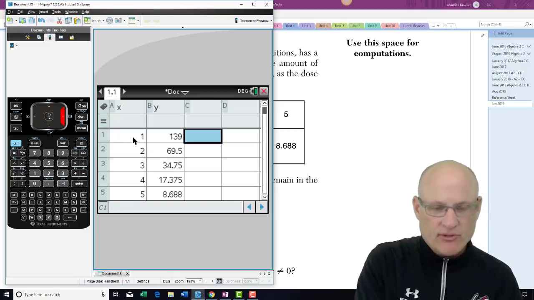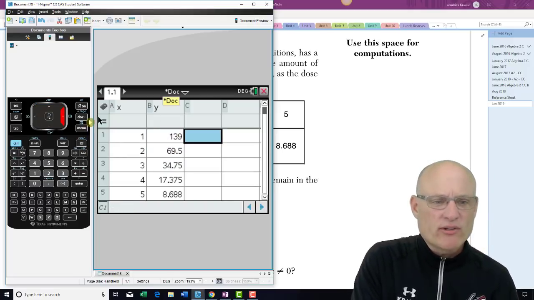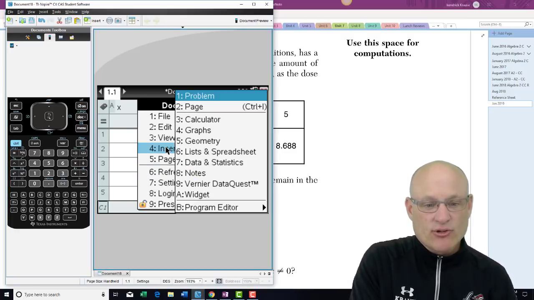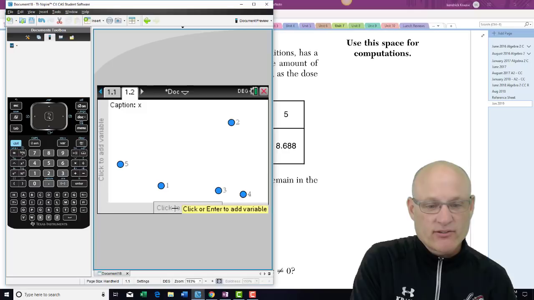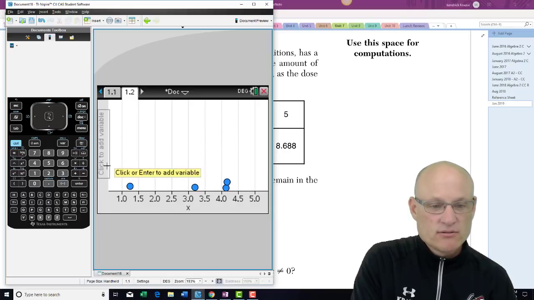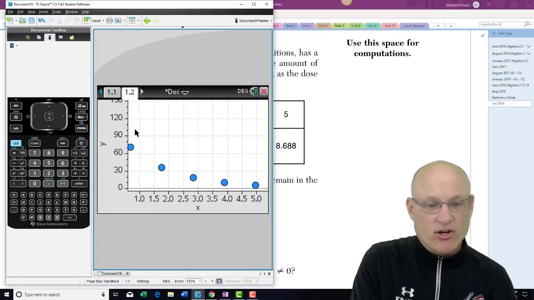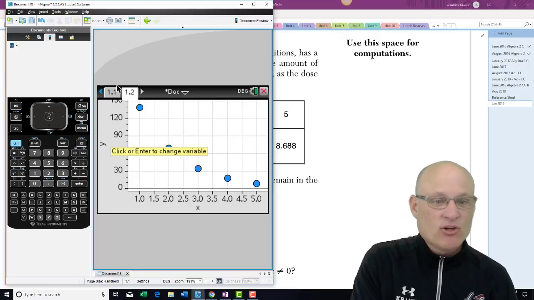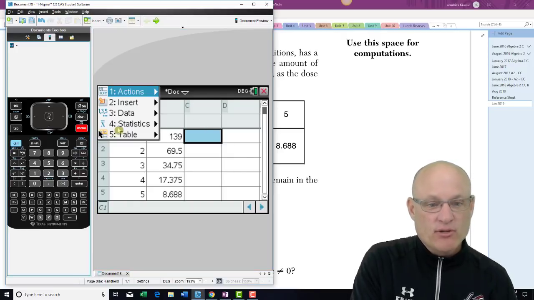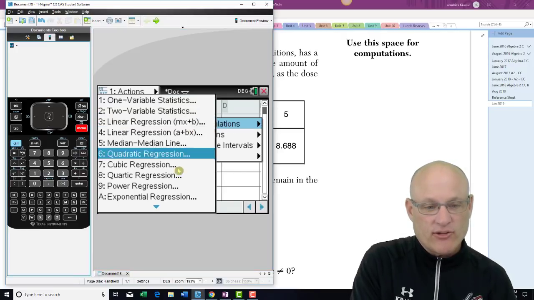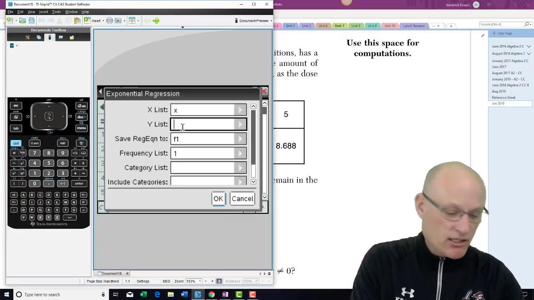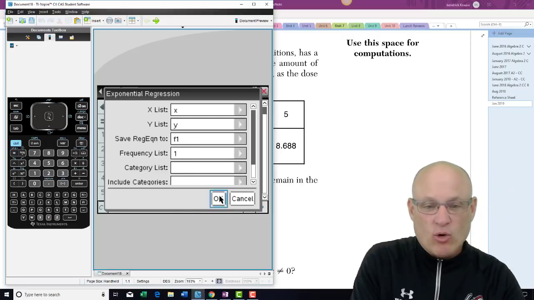I'm going to say, okay, menu. Well, maybe you don't know it's exponential growth, and maybe what you need to do is go into Doc, Insert, Data and Statistics, click on X, click on Y, and see that, oh yeah, this is exponential decay. See how it's got a base of 1/2? If you go back over here and do menu, analyze statistics, stat calculations, and exponential regression, click X and click Y, this should give you a base of 1/2.